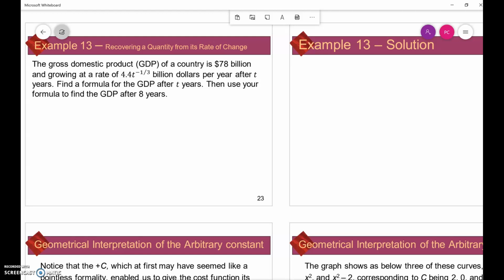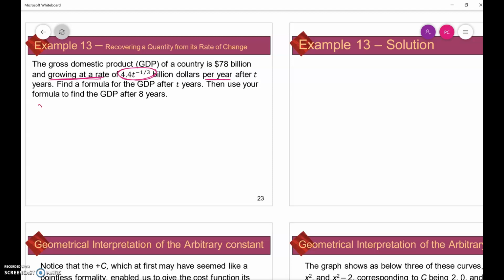So the hint here in the wording that we have a rate of change, or a marginal, for this one it's a rate of change. We see the phrase growing at a rate per year. Okay, so this is our rate of change formula. And that's the wording that you're looking for. Growing at a rate of blah, blah, blah per year. Okay, or per month or per week or whatever.